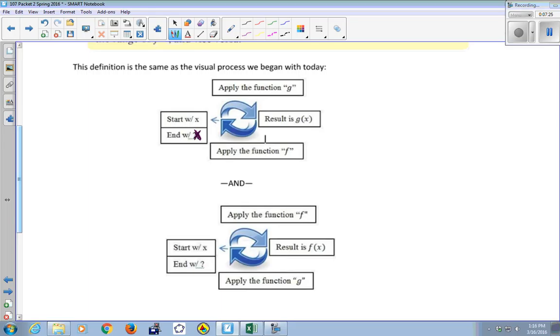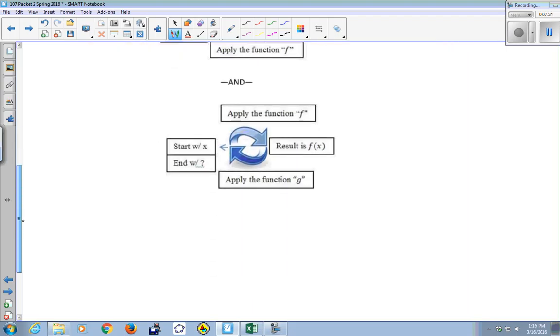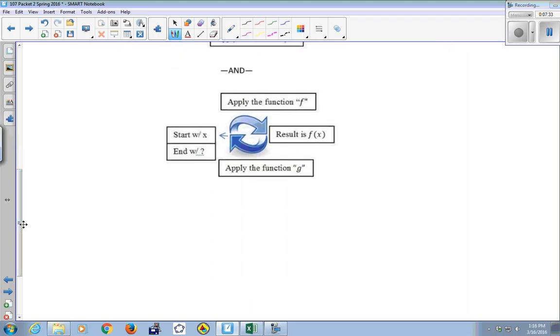Whatever g did to x, f undoes it and gives you x back. Same thing if you start with f. You plug an x into the f machine, you turn the crank, f does some stuff to it, and then you take the result and apply function g, and g just undoes whatever f did, so you get x back. That's the definition of an inverse function.